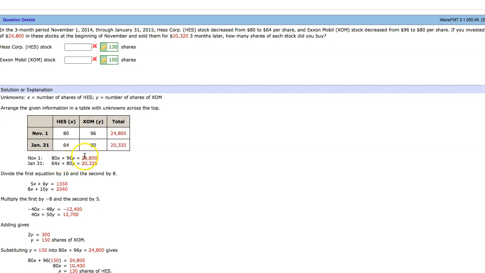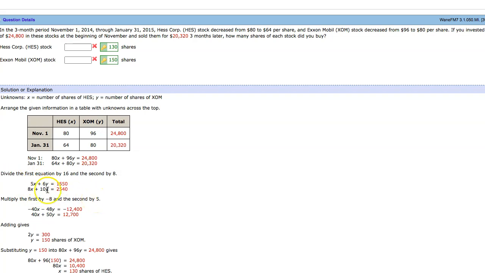And then if you plan to invest a total of 24 grand 800, you're probably not going to be happy, but let's say you put in 24 grand 800 and now you're down to 20,320. Well, here you are. But now you just solve these equations, and you would be greatly benefited to divide everybody by 16, and that'll cut these guys down to size, right?